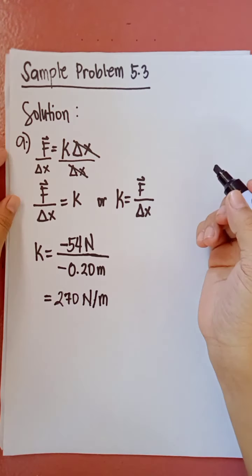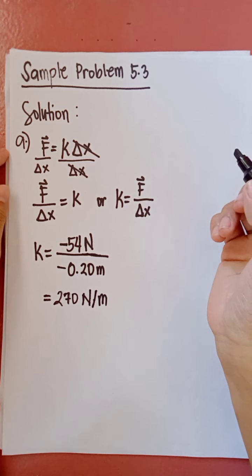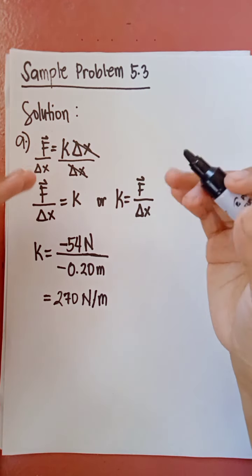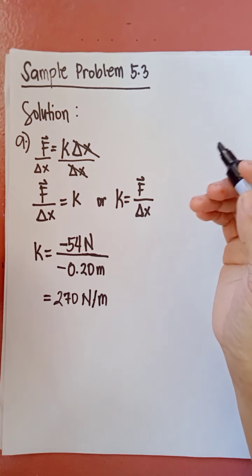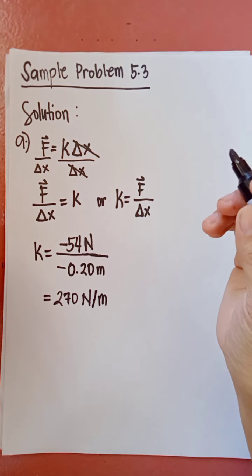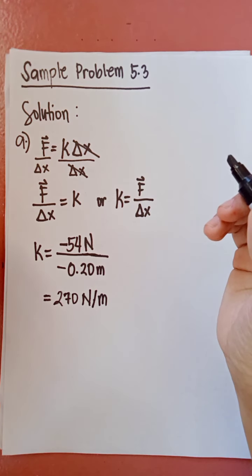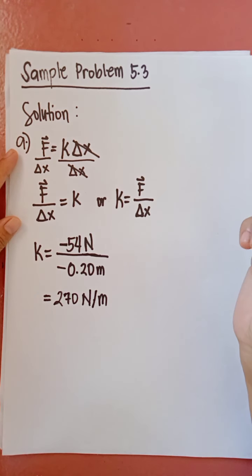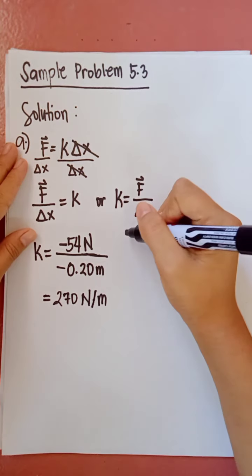Alright, for letter B, we are going to find out how much force is needed to compress the spring by 0.50 meters. Should I write it here?